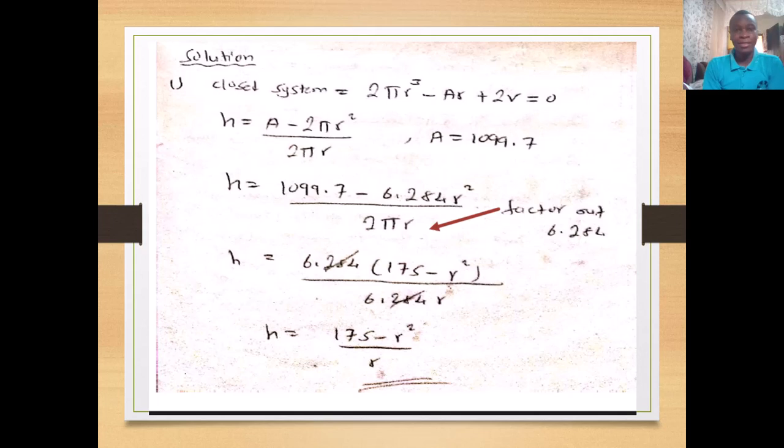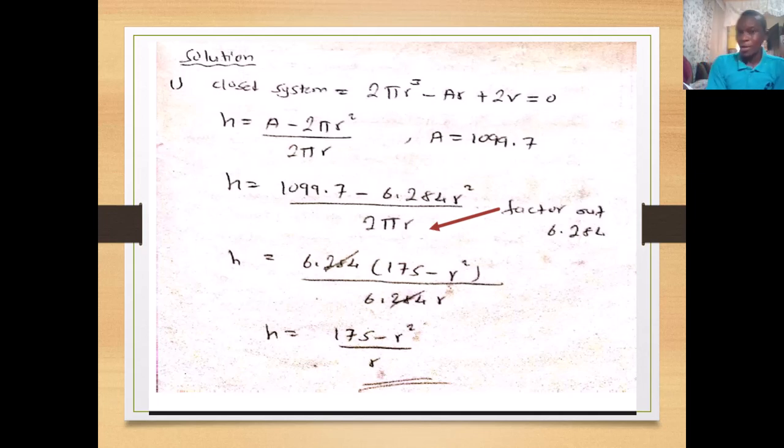We know that h equals (a minus 2 pi r squared) over 2 pi r, as we said earlier, and the closed system model is 2 pi r cubed minus a r plus 2v equals 0. A we are given, which is the surface area, as 1099.7.